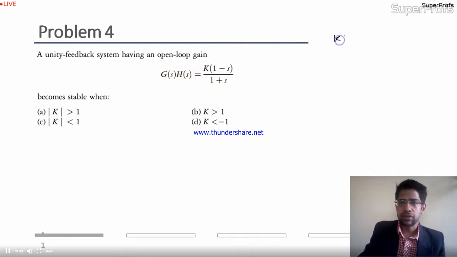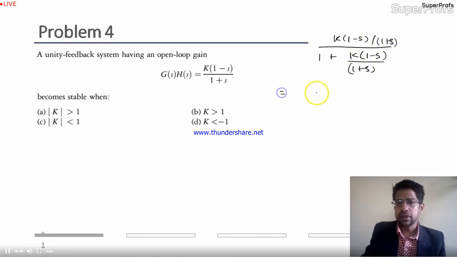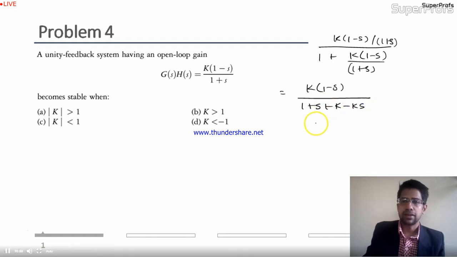So your transfer function becomes K into (1 minus s) divided by (1 plus K into (1 minus s) divided by (1 plus s)). You also have 1 plus s. And if you solve this, you get K into (1 minus s) divided by (1 plus s) and K minus Ks. Okay.